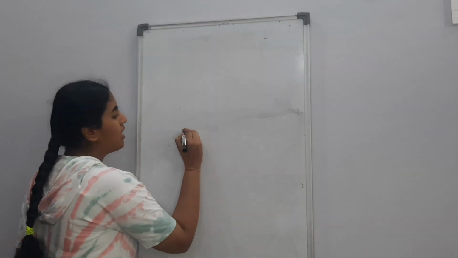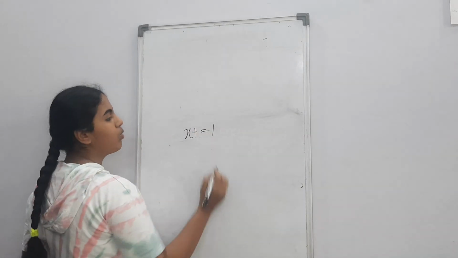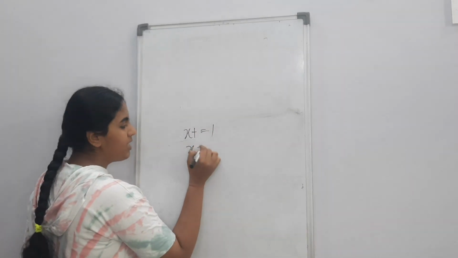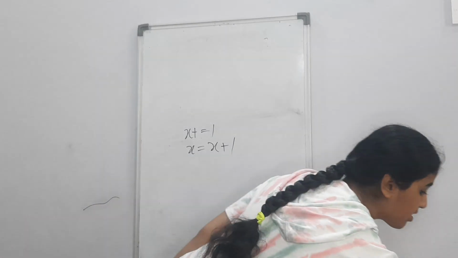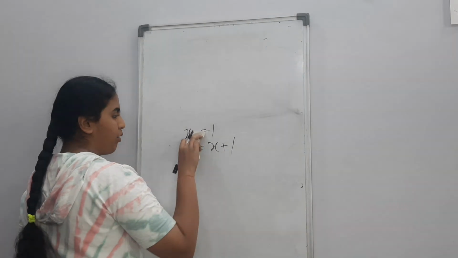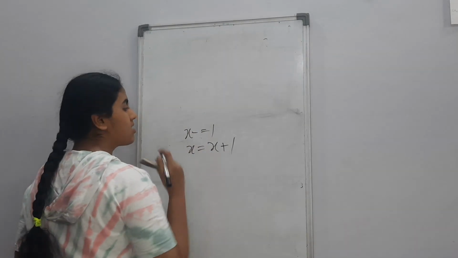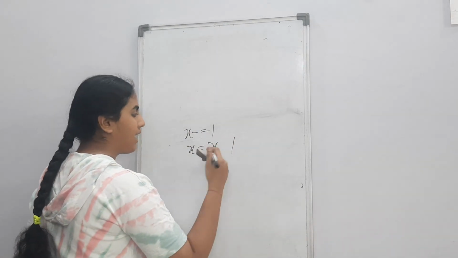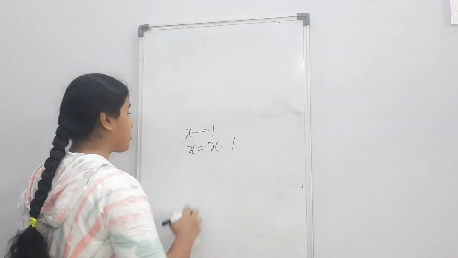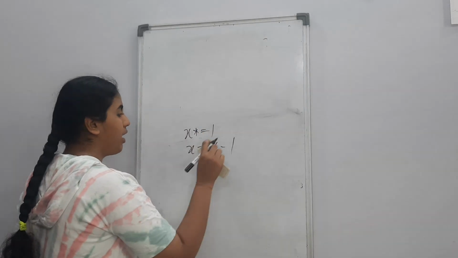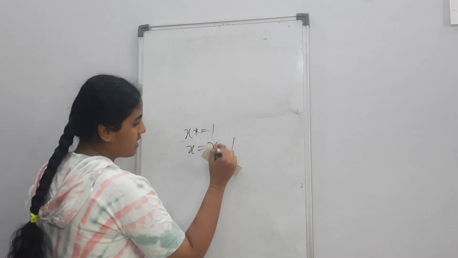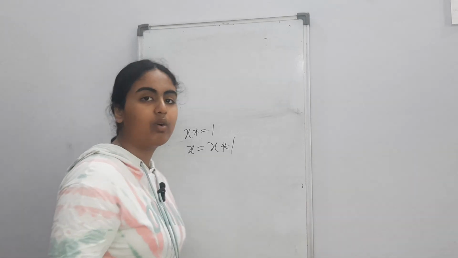Then you can basically write x plus equal to 1. What this basically means is x equal to x plus 1. Right? Or similarly, if you want to decrease the value by 1, you can say x minus equal to 1. This will subtract a value, x equal to x minus 1. Or if you put x multiply equals to 1, then this would be x equals x into 1. Okay.